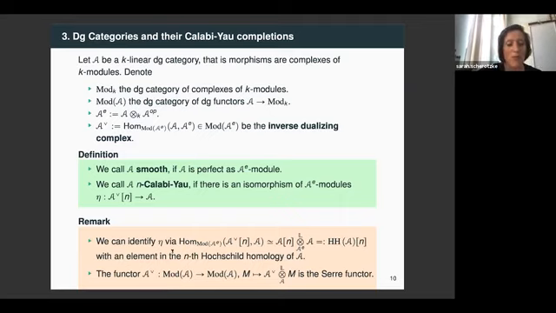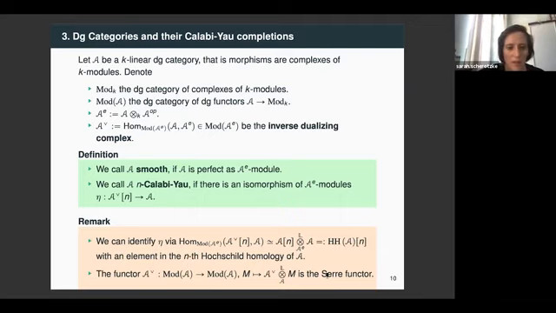Another remark is that this bimodule, the inverse dualizing complex, also defines a functor from mod A to mod A, where I take an A module and tensor it over A with this dualizing complex, which is an A bimodule. This gives me a new A module, and this is exactly the Serre functor.